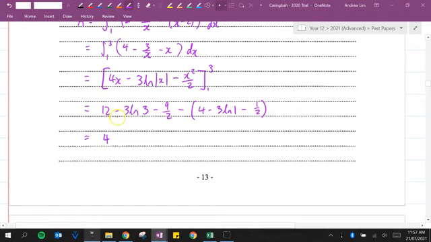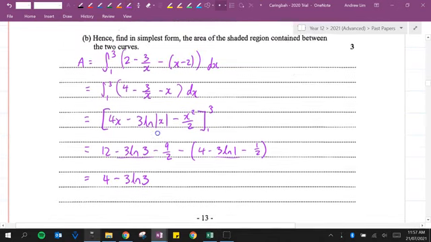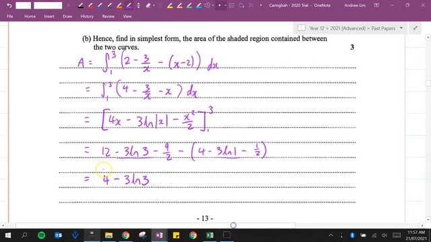We've got minus 3 ln of 3 plus 3 ln of 1. Well, ln of 1 is just 0, so we're just going to have our 3 ln of 3. Now, because the question says finding area, we need to put our units squared.